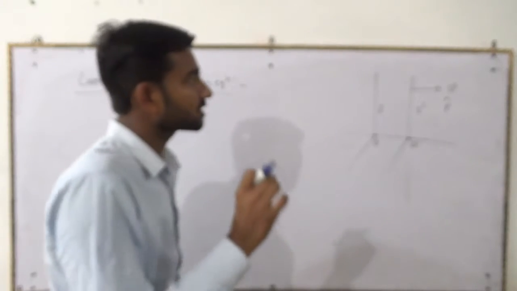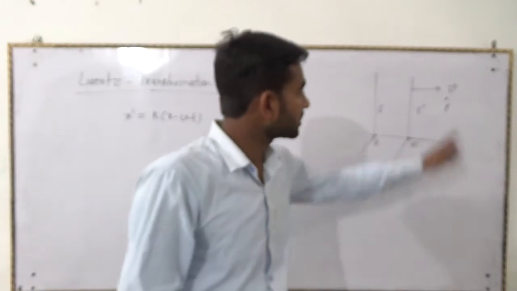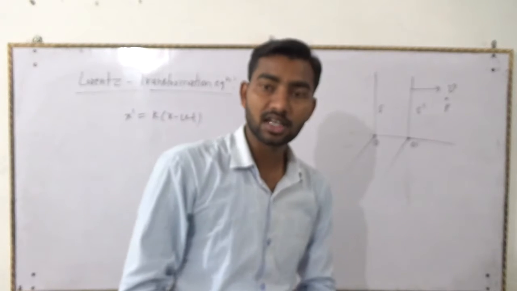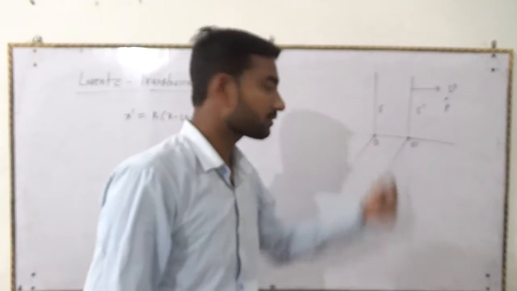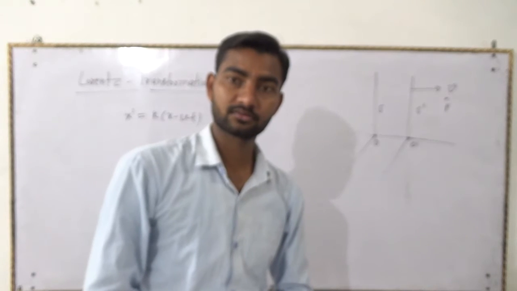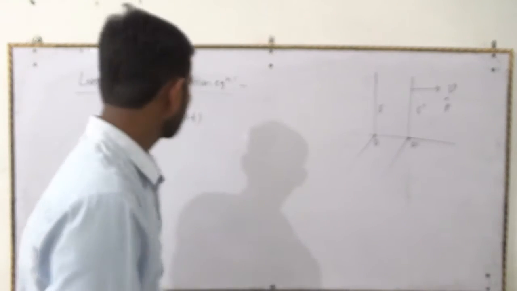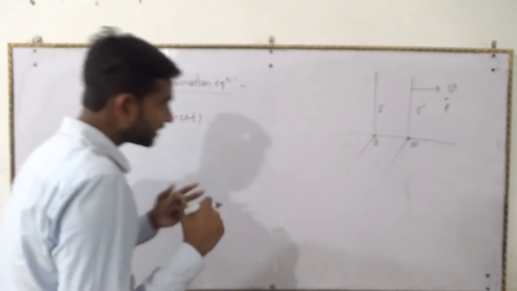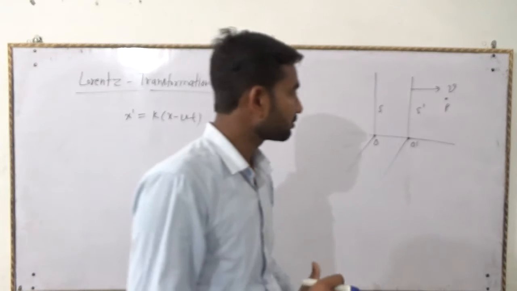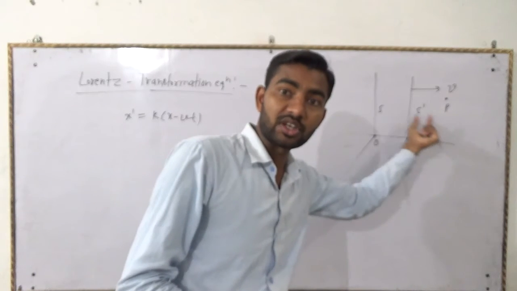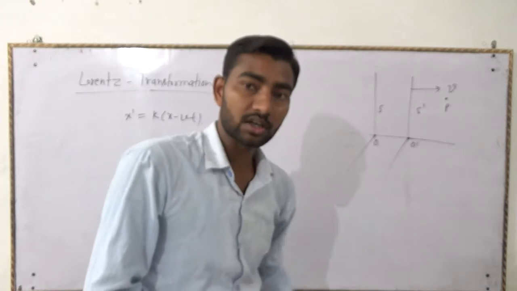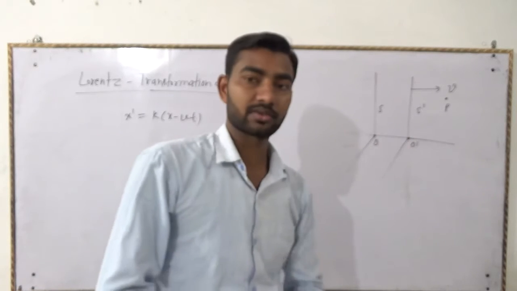Remember please, here we have considered this frame of reference S dash is moving along the positive x direction relative to the frame S. So any change in the measurement along the positive x direction in this frame will also affect the value in this frame of reference.